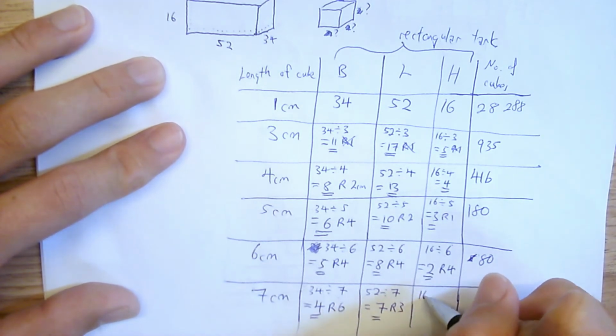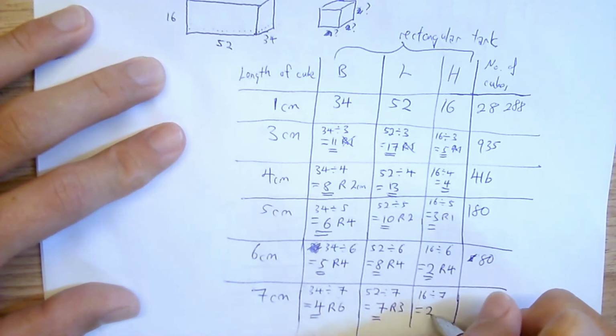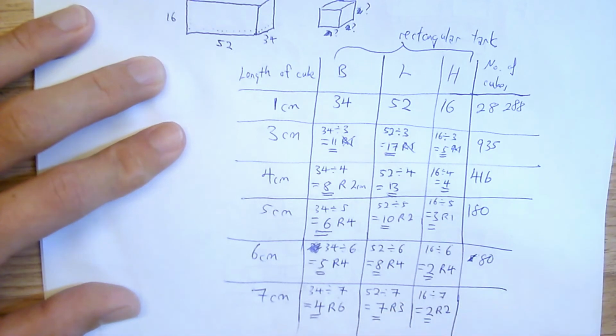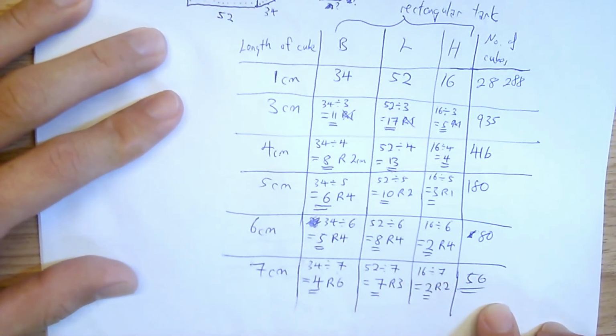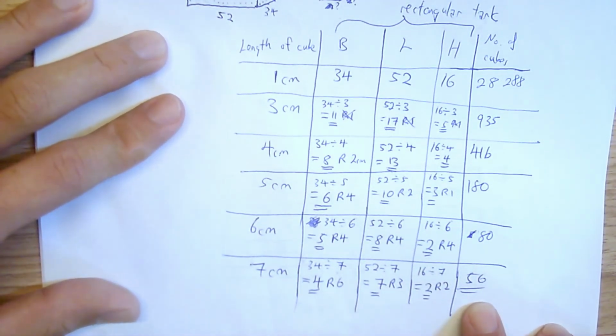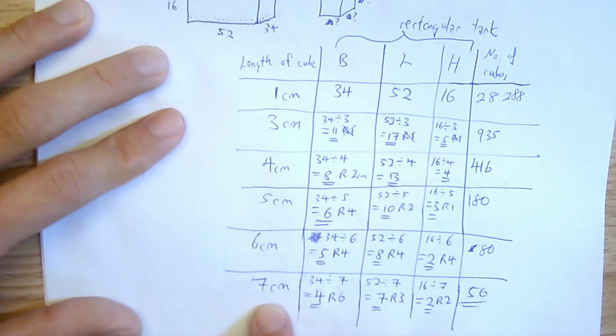Last one, 16 divided by 7, you can only put 2, remainder 2. So let's take 4 times 7 times 2. Tada, 56.